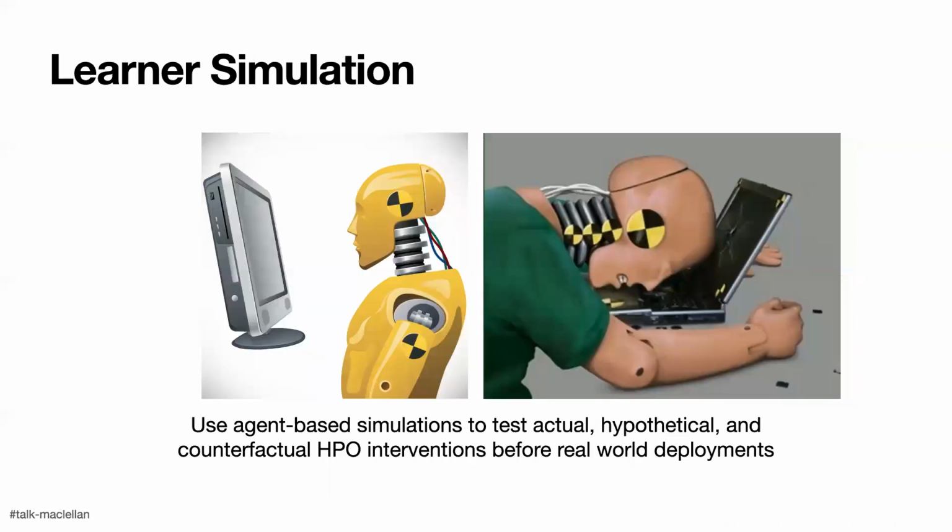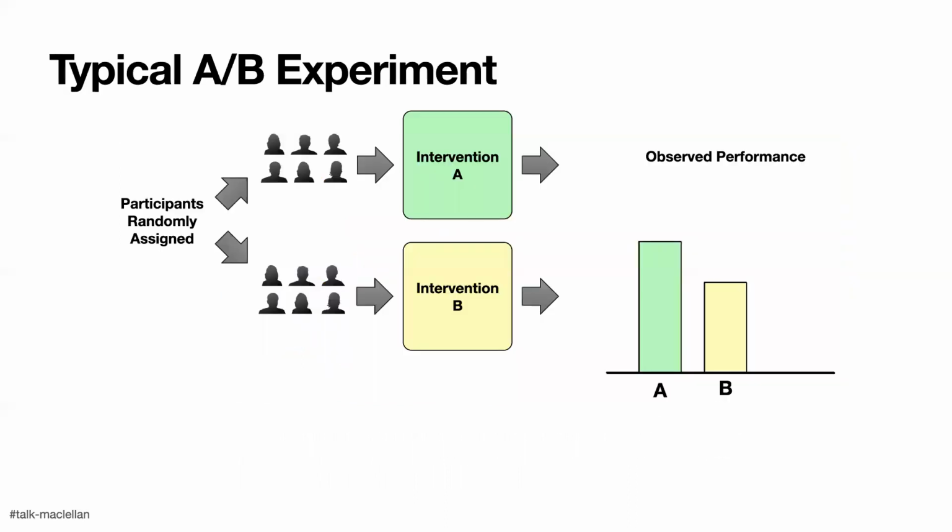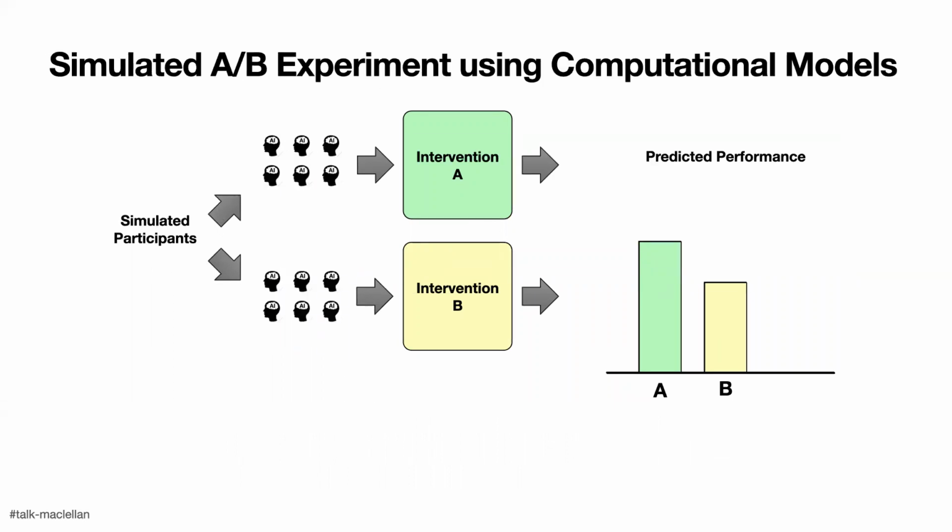Analogously, I argue that we can use agent-based simulations to explore possible interventions before we deploy them in the classroom. So flipping back to this example, your typical A/B experiment where you're randomizing people between different conditions, I'm proposing that instead of having human students in this A/B experiment, we run an A/B experiment with simulated agents in order to predict performance for these alternative interventions.